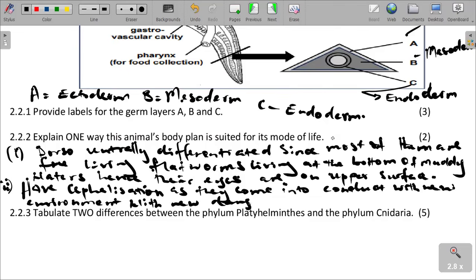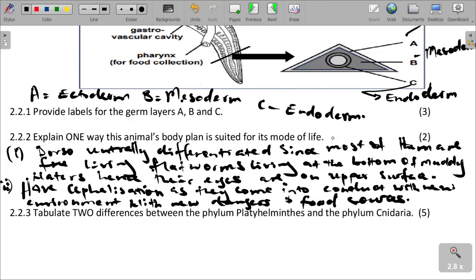New organs are also developing as they enter into a new environment for the first time.